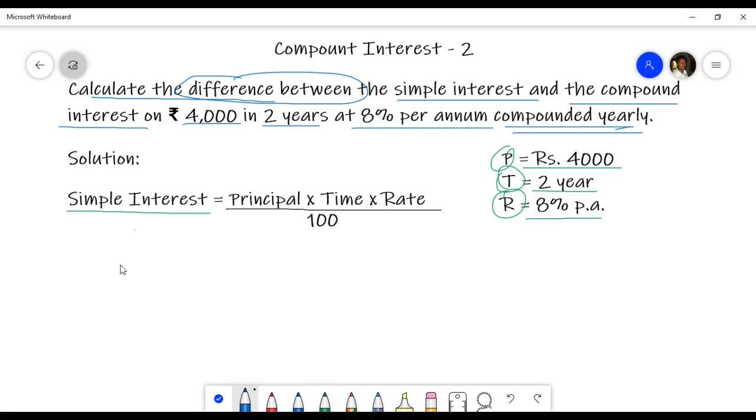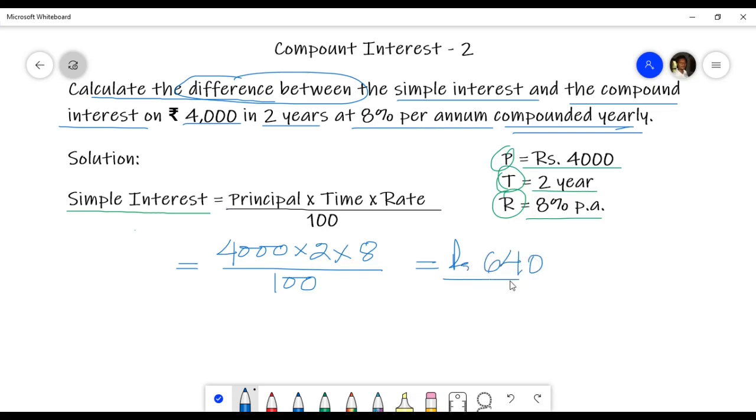We'll replace the values in the formula of simple interest and calculate. After calculating principal into time into rate by 100, we will get the simple interest as rupees 640.